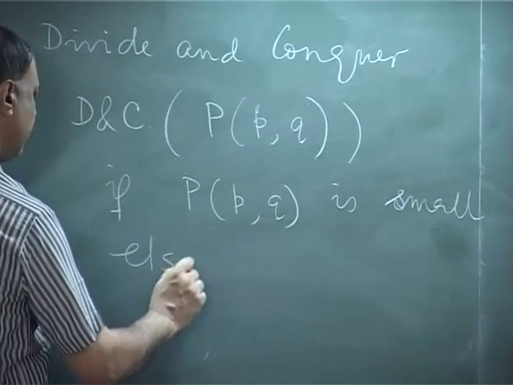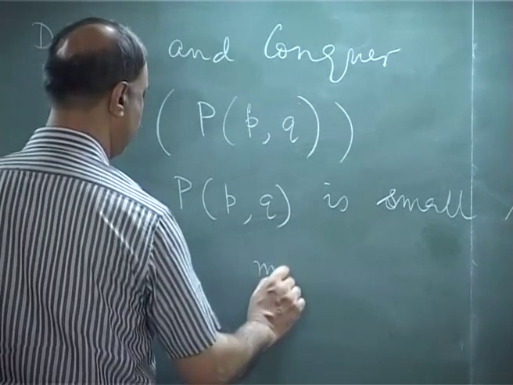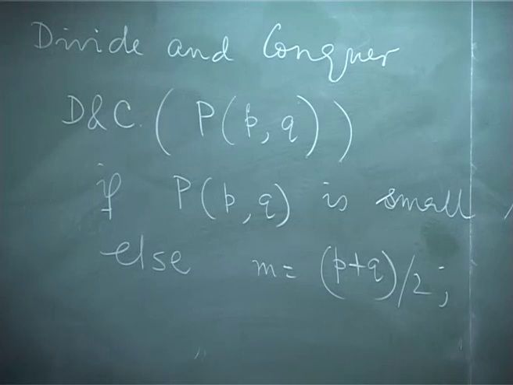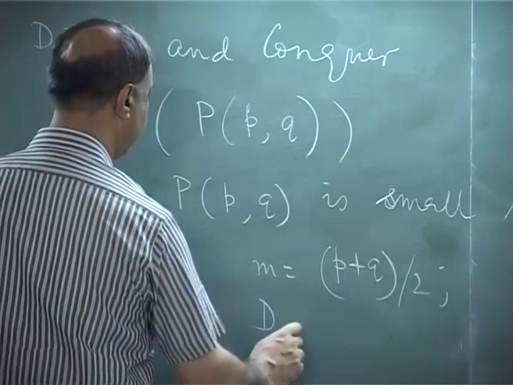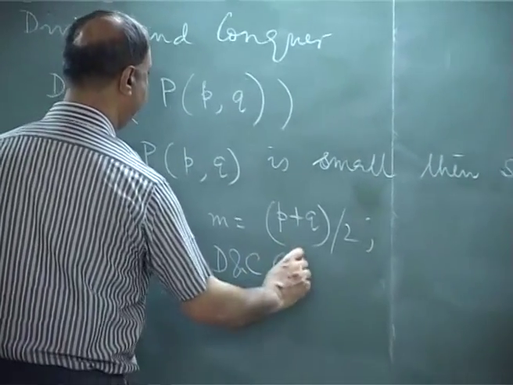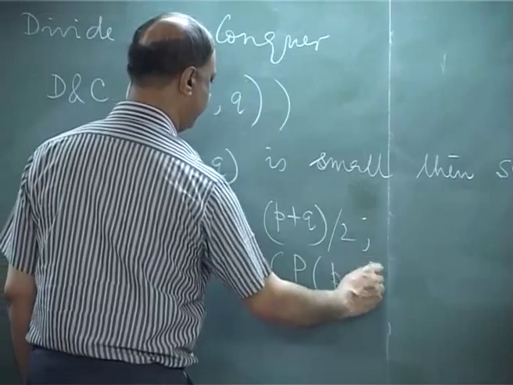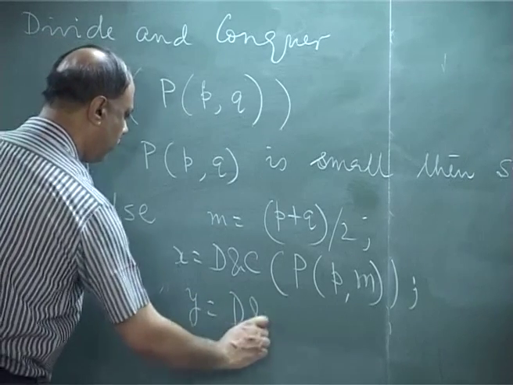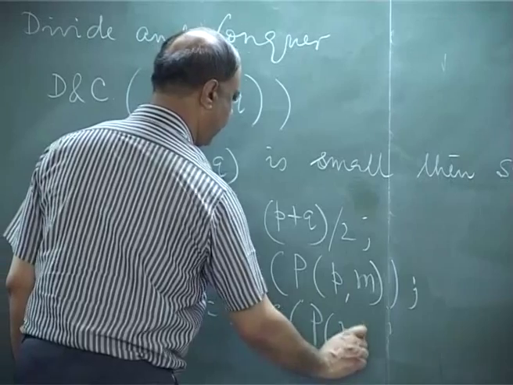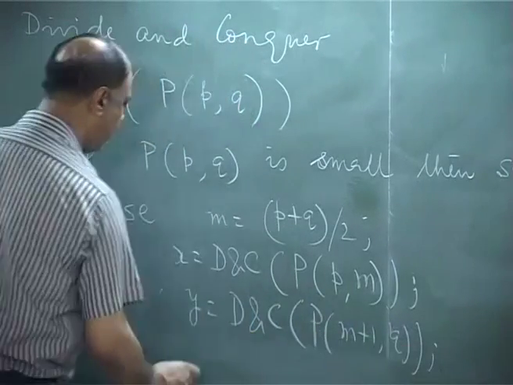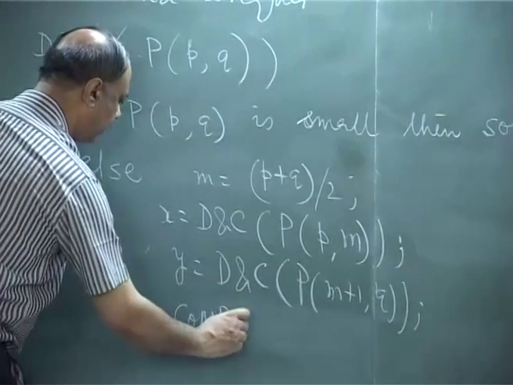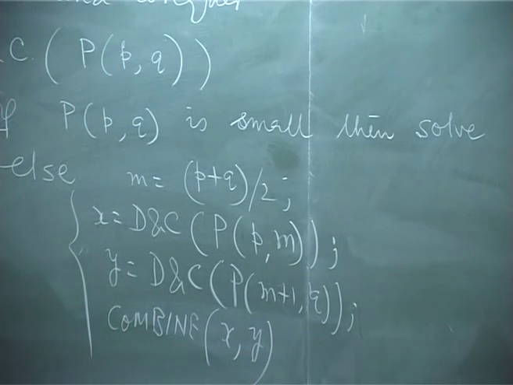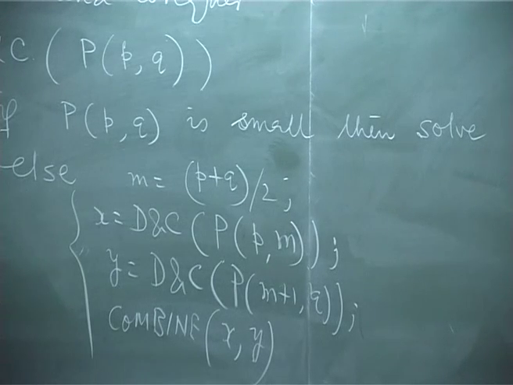Else m is equal to say p plus q divided by 2, and then you call divide and conquer p m, and y equals divide and conquer m plus 1 to q, and then combine the result x with y. So this is a generic algorithm for divide and conquer.